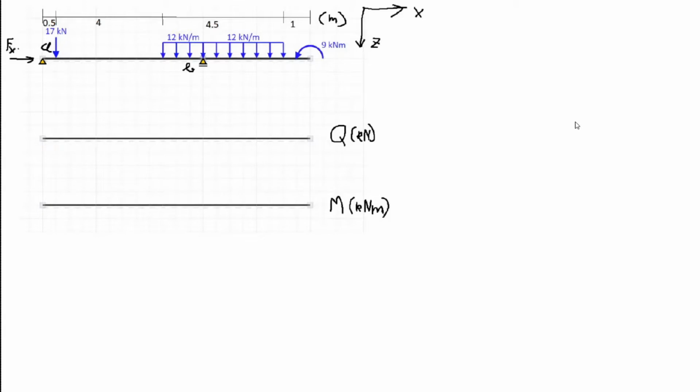So the first reaction force at the pin support is the horizontal reaction force Fxa, and this is equal to 0 because there is no horizontal force that is trying to move this beam in the horizontal direction.